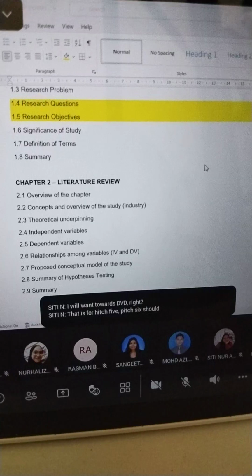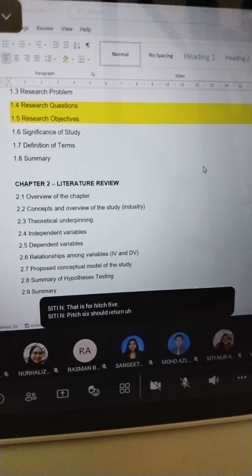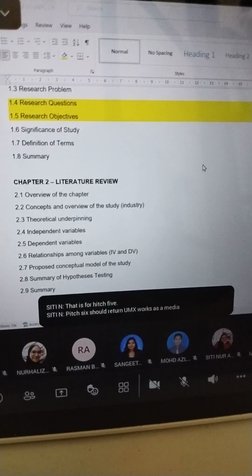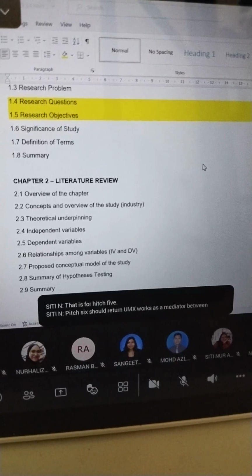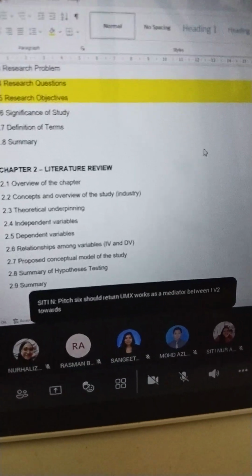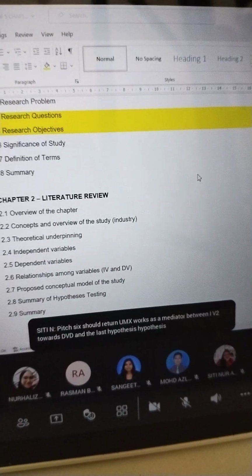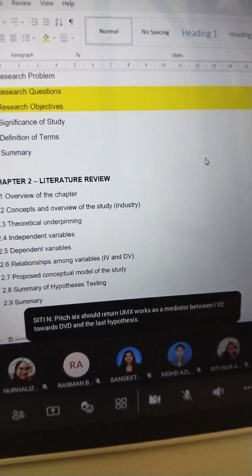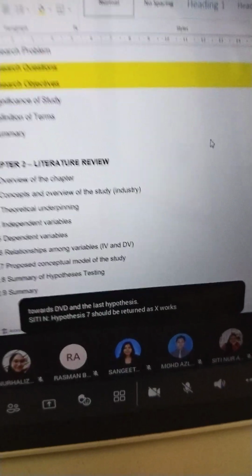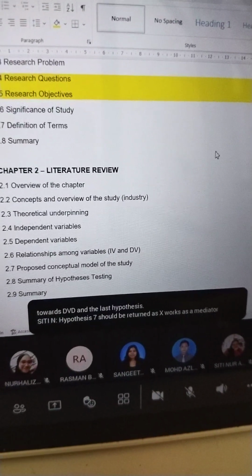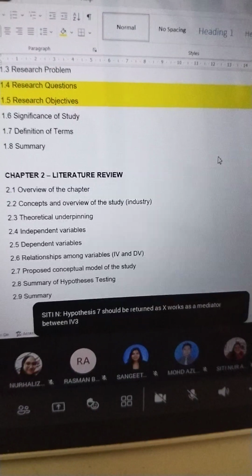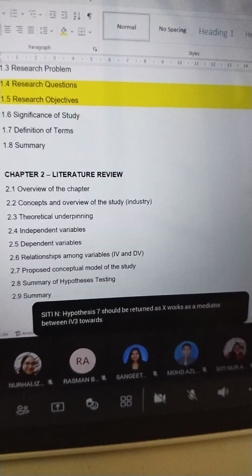H6 should be written as X works as a mediator between IV2 towards DV. And the last hypothesis, hypothesis 7, should be written as X works as a mediator between IV3 towards DV.